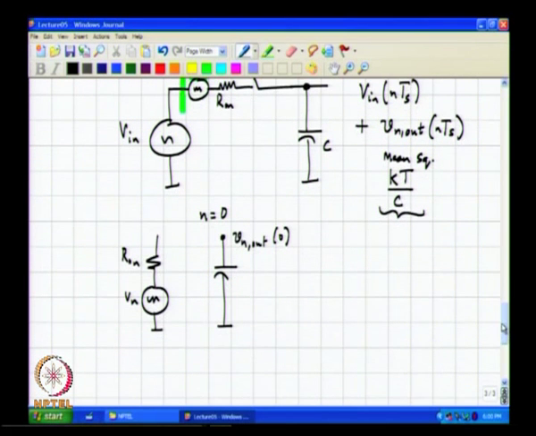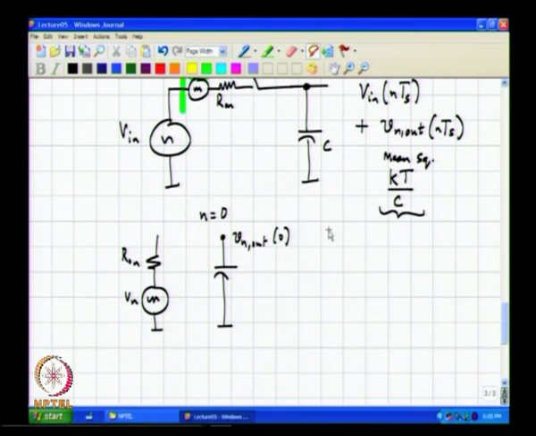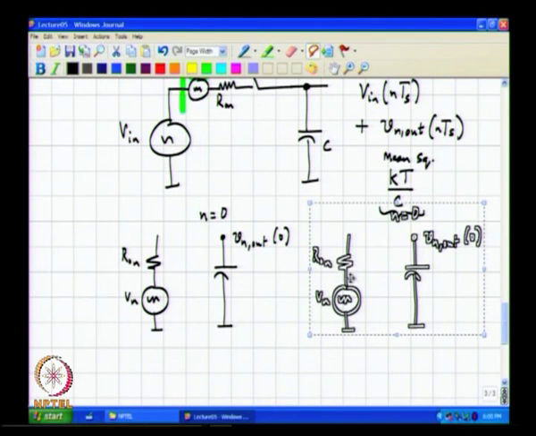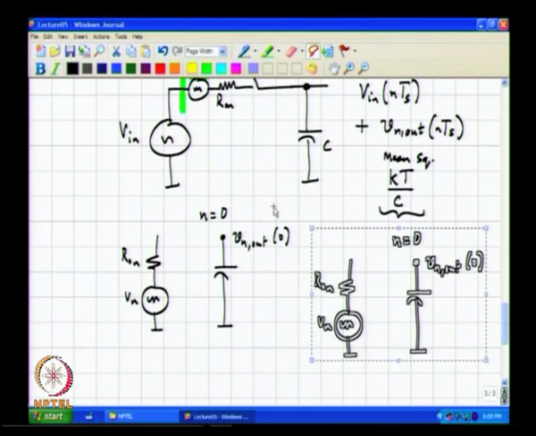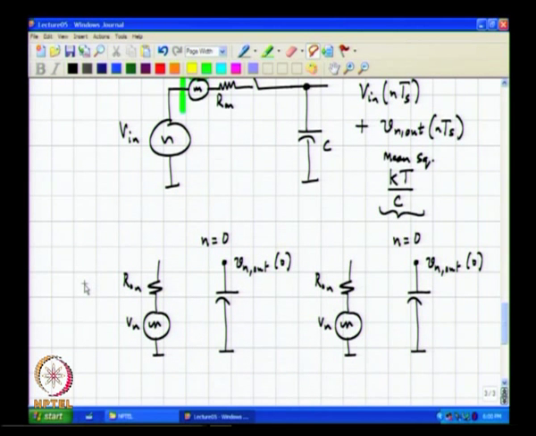Then what do I do? For n equal to 1, again I close the switch and I open it again and I get Vn out of 1.